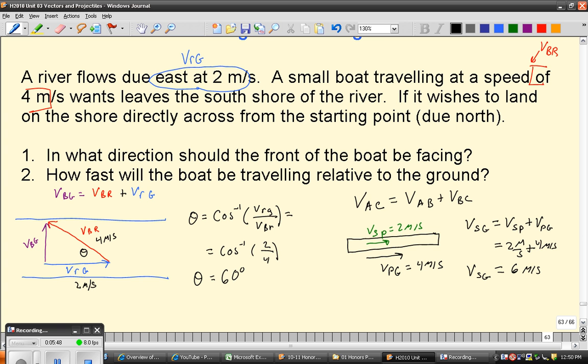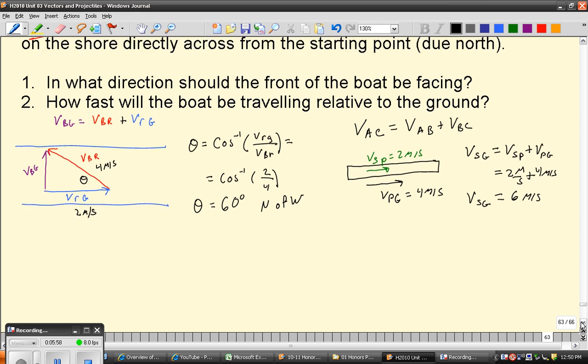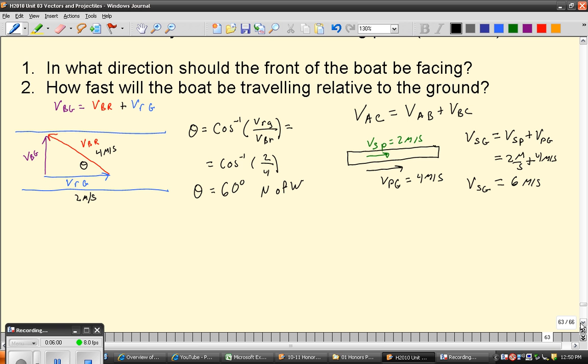The boat is going to have to head 60 degrees north of west in order to keep heading along that heading. Now another related question would be, how fast is the boat traveling relative to the shore? Now we know the heading already is going to be due north, but to get the magnitude, it's simply the Pythagorean theorem.